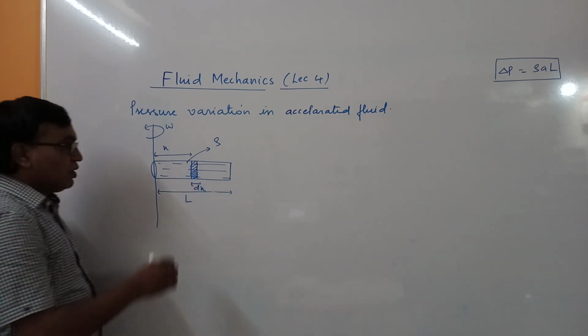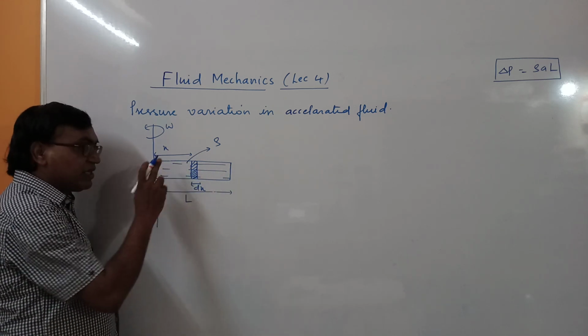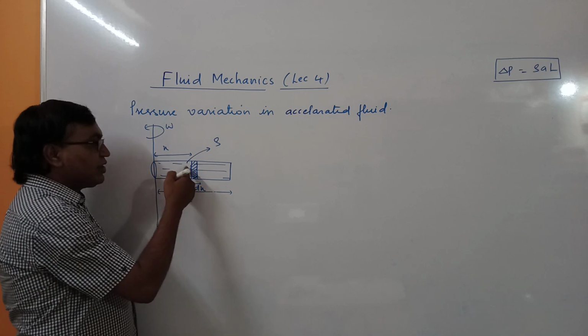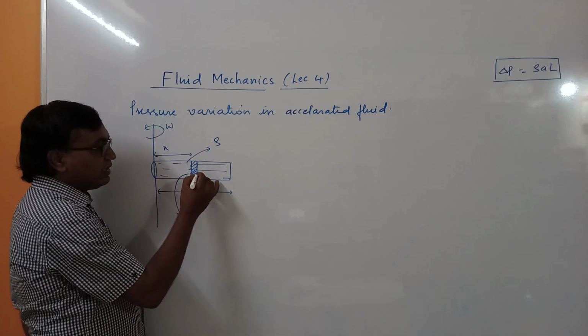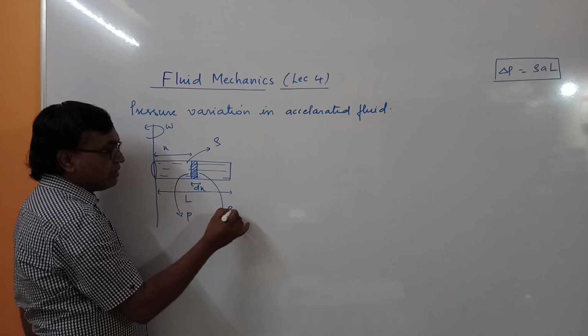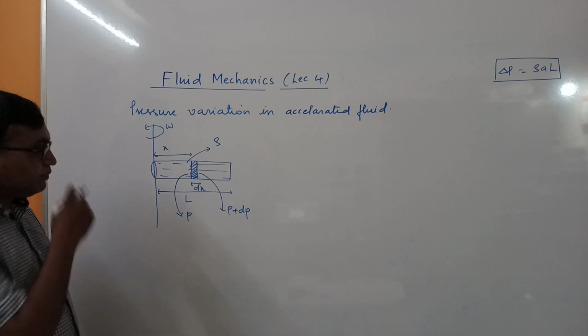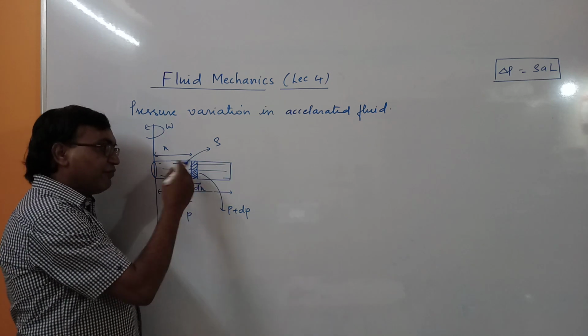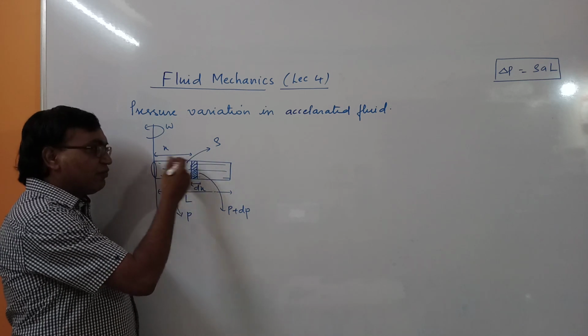Fine. So now let us assume the pressure from this side must be greater than the pressure from this side. Let us assume the pressure at this point to be P, then the pressure here is P plus dP, some pressure more. Then you will have a net force on this mass of fluid, which will provide the centripetal force.